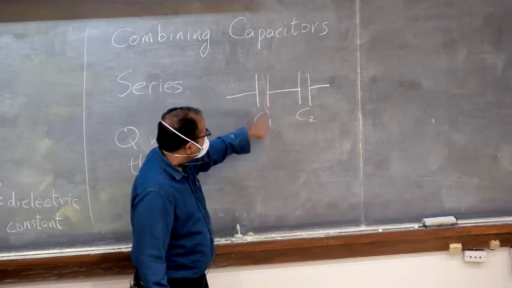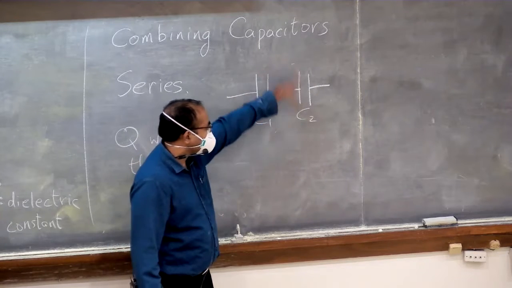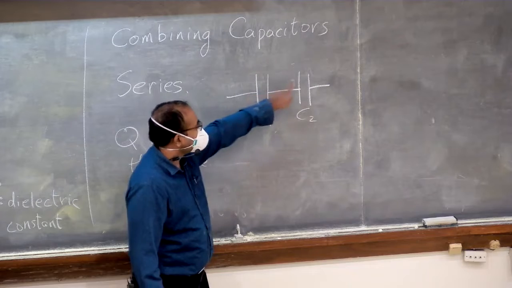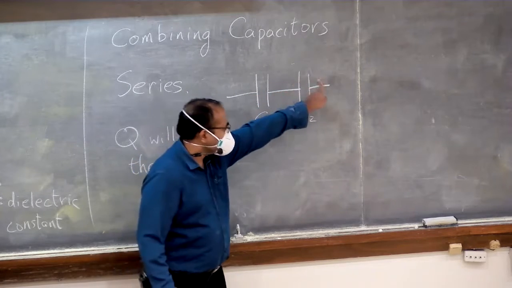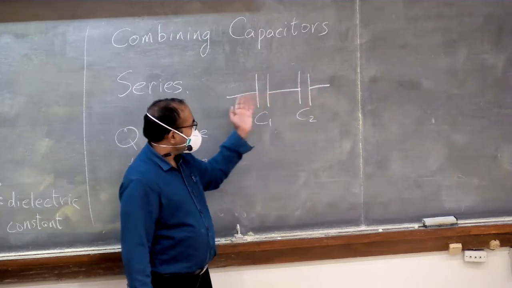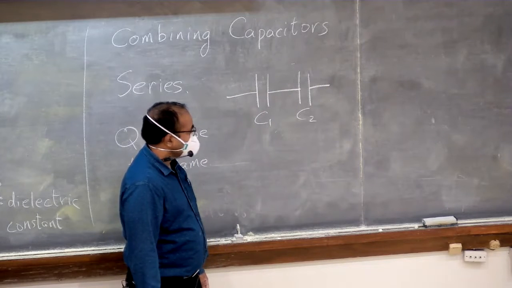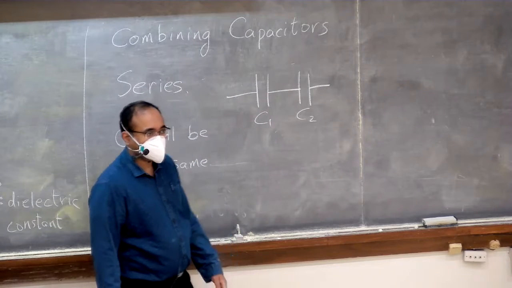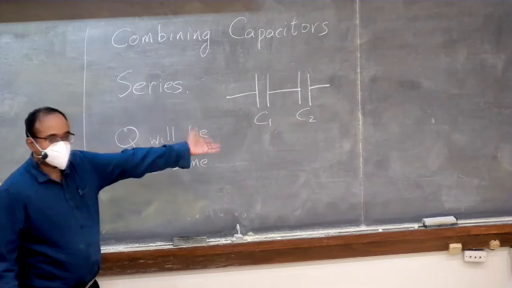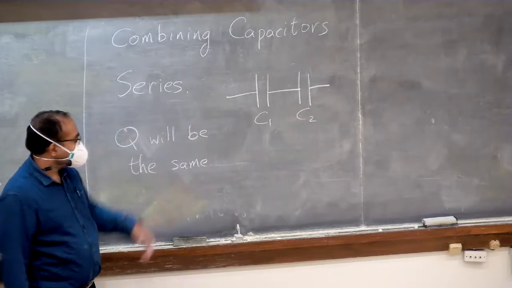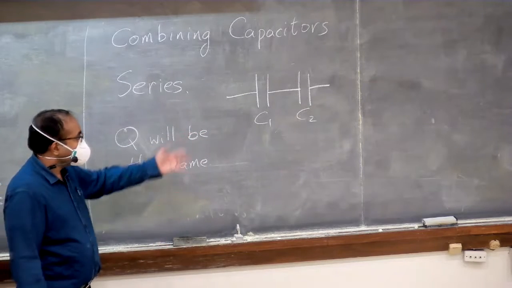But this middle portion is physically detached, so if you get minus Q over here, then you have to get plus Q over here, and then minus Q over here. So it would be the same Q for both of them. Voltage delta V does not have to be the same. It might end up being by accident, but it doesn't have to be.